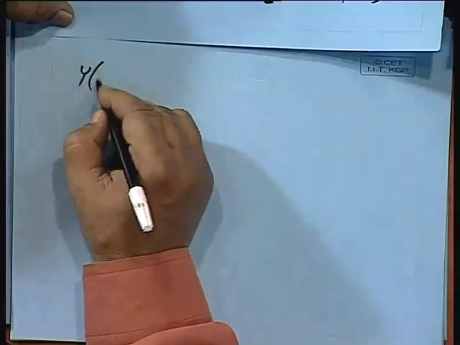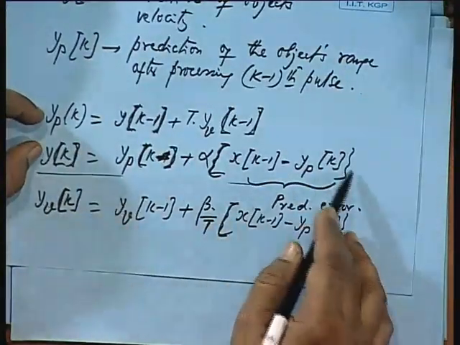Now, let us take Z transform of these. So, from here, if you permit me, these three equations I will write for, say, for example, the second equation. What will be the Z transform of this?